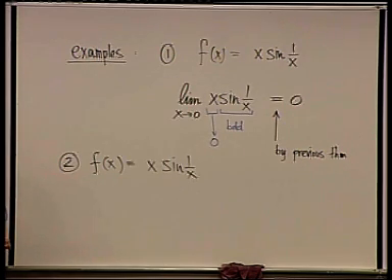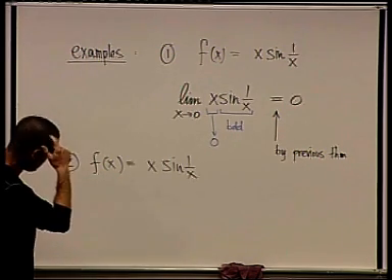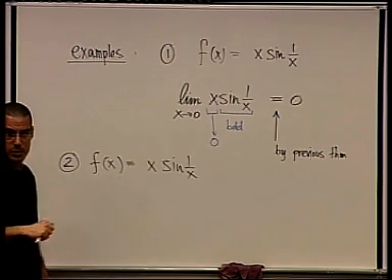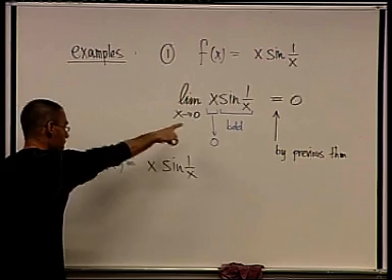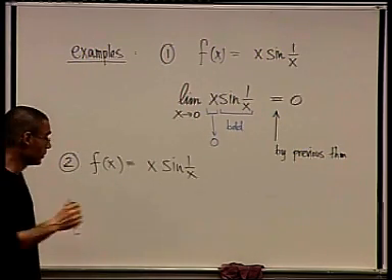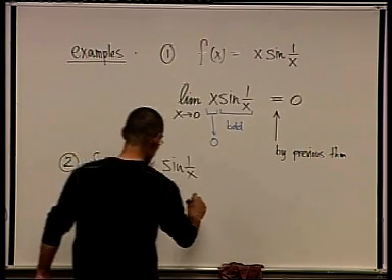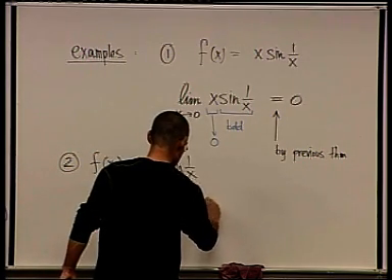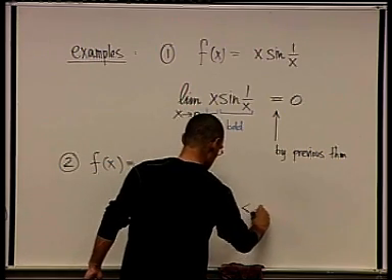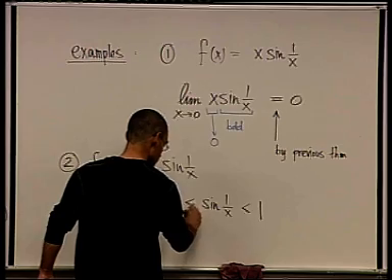Very good. So we saw 2 theorems today, the Sandwich Theorem and the bounded times going to 0 theorem. We used this one, so what do I want to use now? Sandwich. Let's do it.